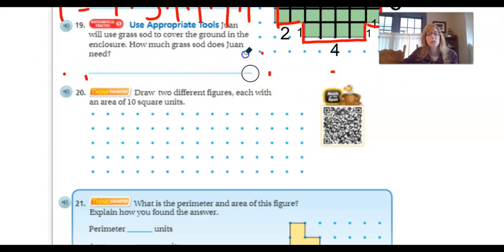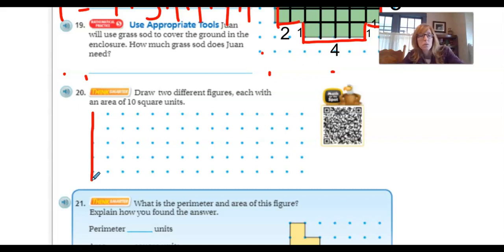All right, so it says draw 2 different figures, each with an area of 10 square units. So you had to draw a picture of something that had 10 square units, okay? So you could have gone down 5, 1, 2, 3, 4.